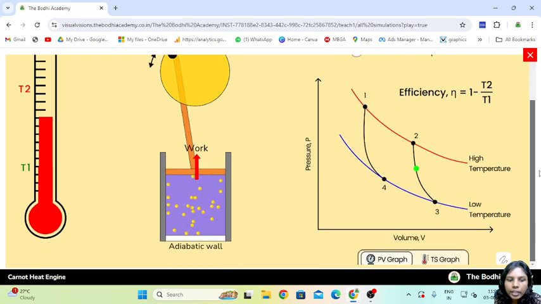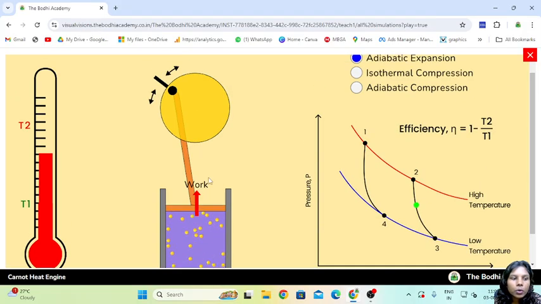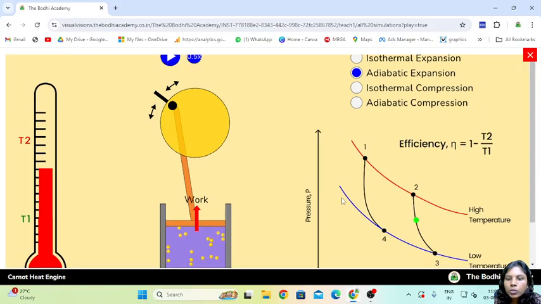In adiabatic expansion, we know that there is no transfer of heat or energy from the system to the surrounding. There is some change in temperature, but no sharing of energy in the system or by the system. When we move to the adiabatic expansion, the pressure gradually decreases and the volume increases.